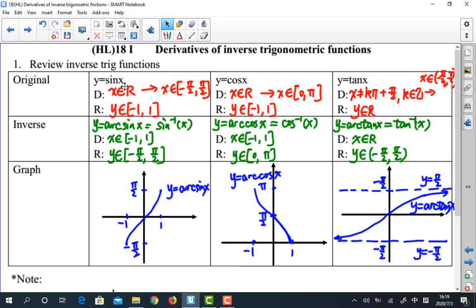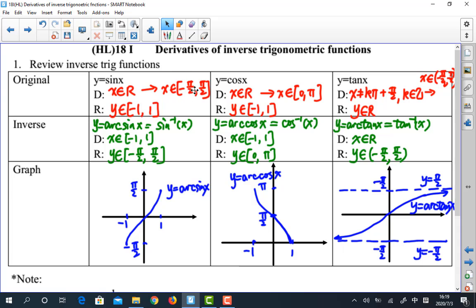So for y equals sine x, its natural domain should be all real numbers. However, if we want to define its inverse sine function, we need to restrict the domain to form a 1-to-1 function on this particular domain.